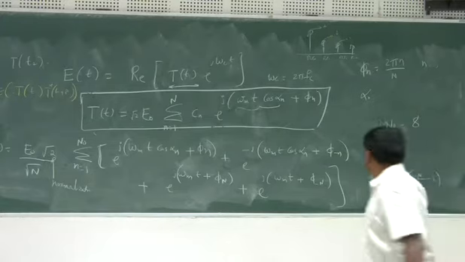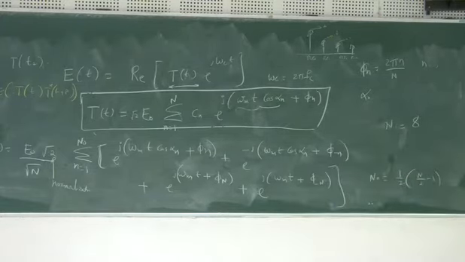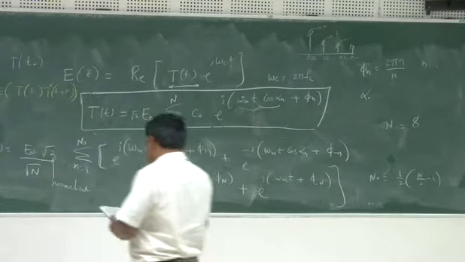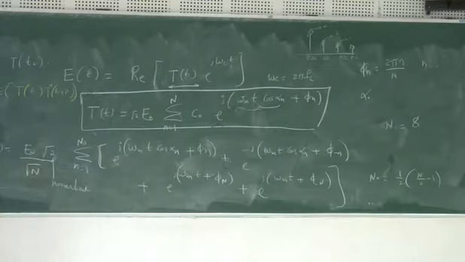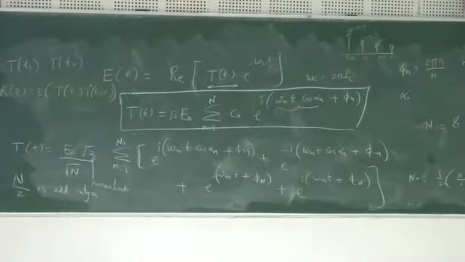Not N naught, it is N. N is from 6 to 8, and N by 2 is an odd integer. Okay, so I will not go into the specifics of that.